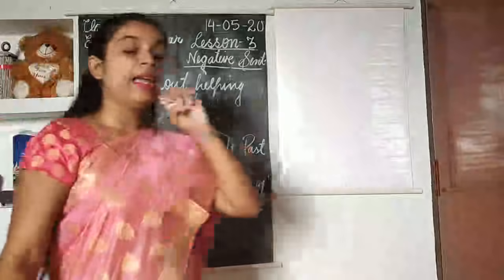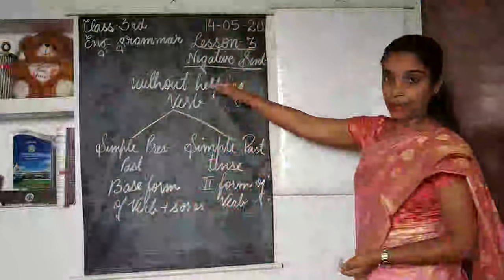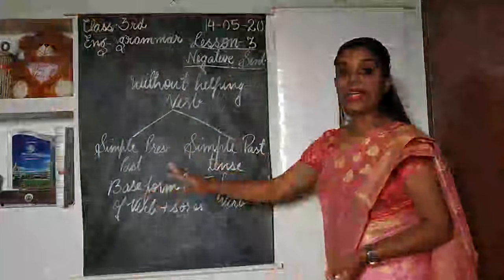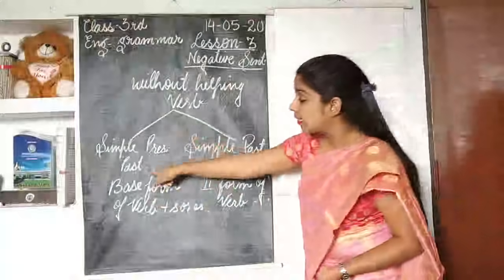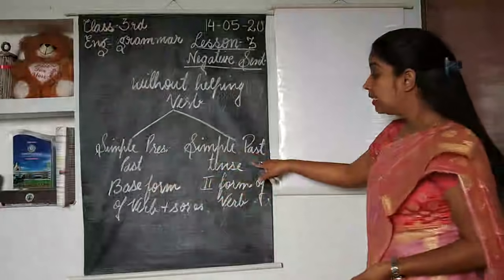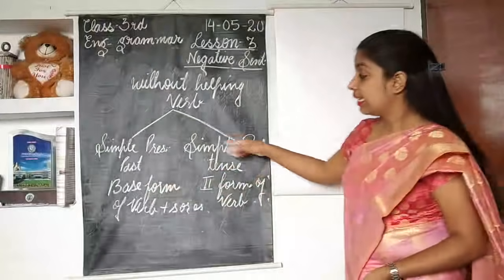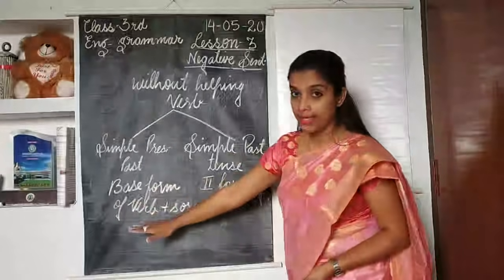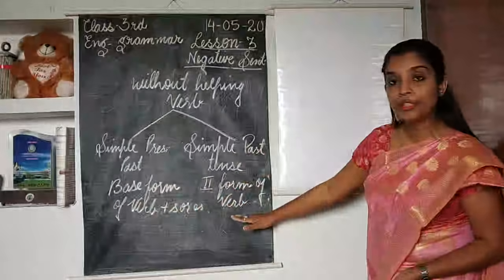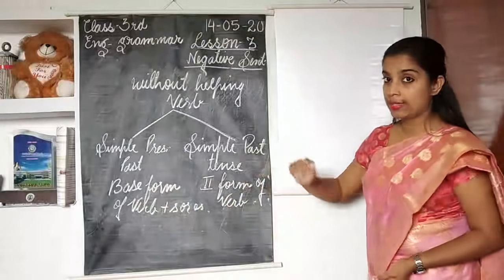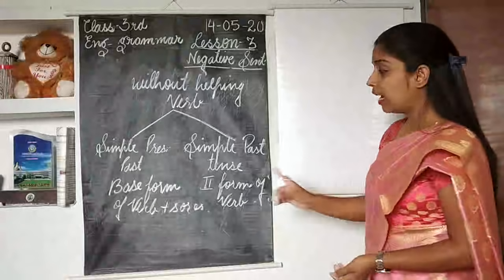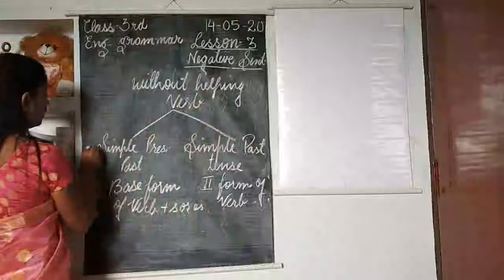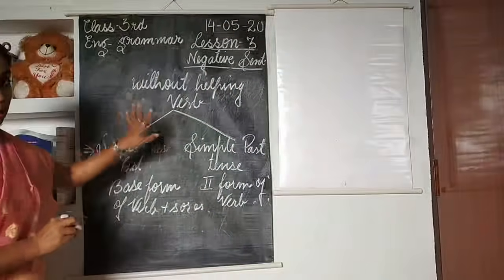Now see, if a sentence is without helping verb, the very first step is to identify its tense, whether it is in simple present tense or simple past tense. A sentence which has base form of verb in it is in simple present tense. If it has second form of verb in it, it is in simple past tense. So the first step is to identify the tense of sentences which are without helping verb.